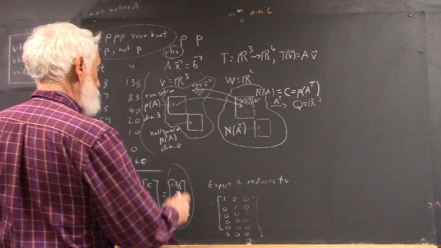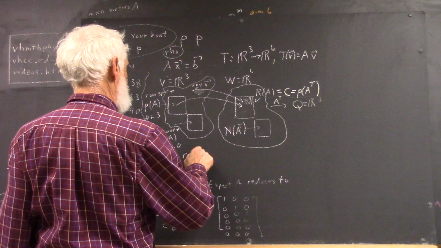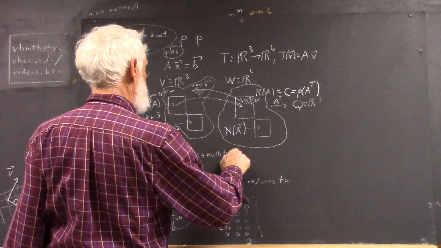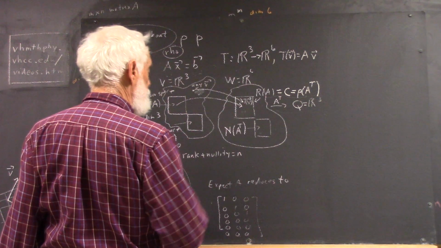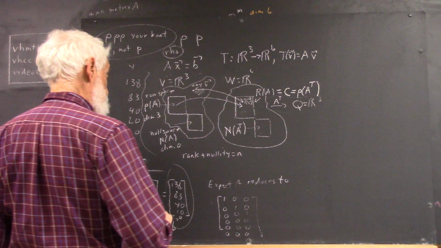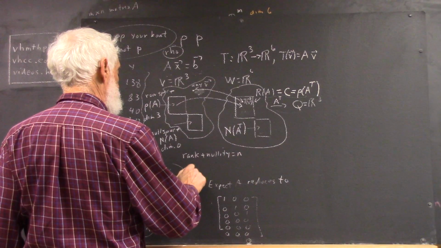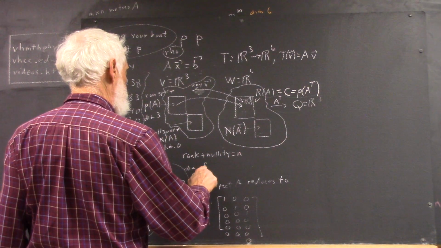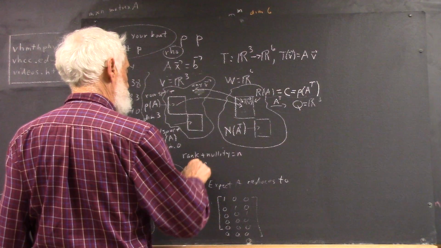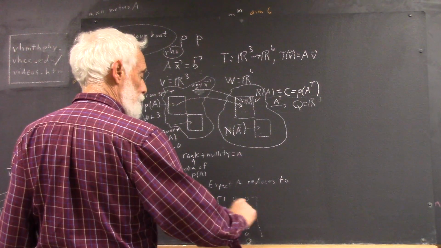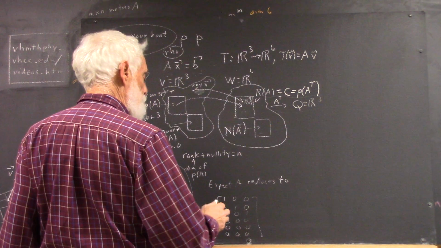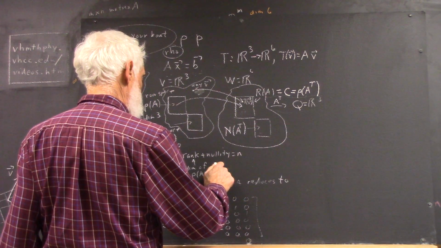You'd say rank plus nullity equals n, where n is the dimension of the space. Okay? And this is the dimension of the row space. That's what we mean by the rank. And it's the number of non-zero rows you end up with when you reduce.